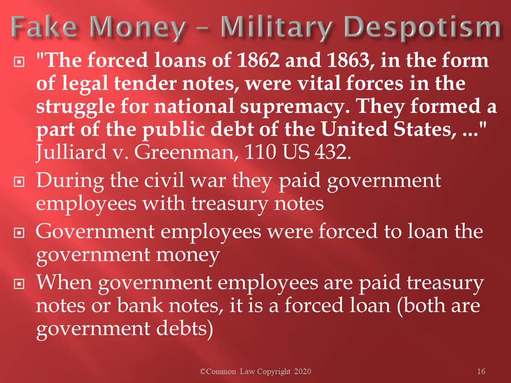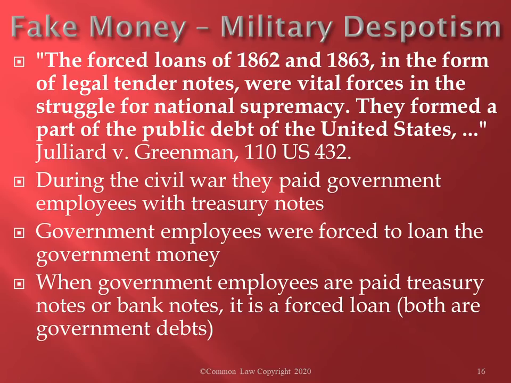Again, the forced loans of 1862 and 1863 in the form of legal tender notes were vital forces in the struggle for national supremacy. National supremacy, okay? That's in that jurisdiction under the military dictatorship. There are two jurisdictions: a national jurisdiction and a federal jurisdiction. If you're in the national jurisdiction, it's a dictatorship. If you're in the federal jurisdiction, it's a republic.